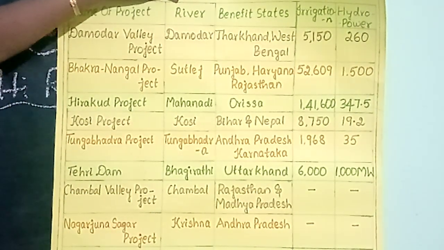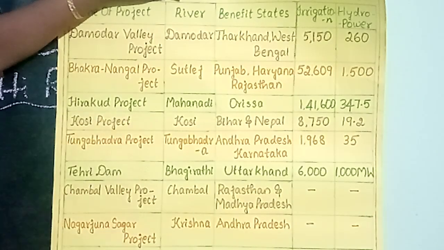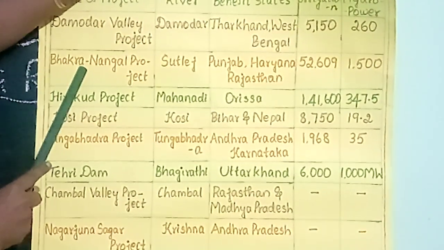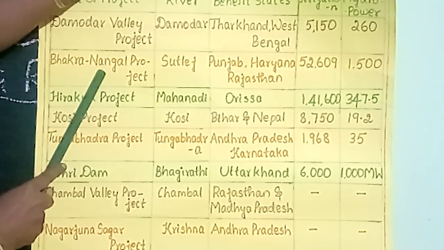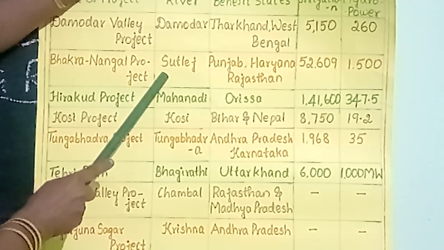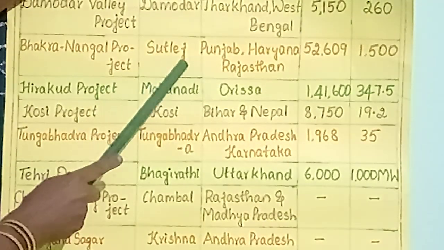Then the second one is the Bhakra project. It is a dam built across the river Satluj.